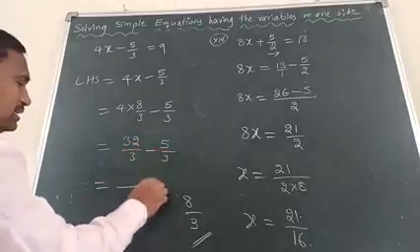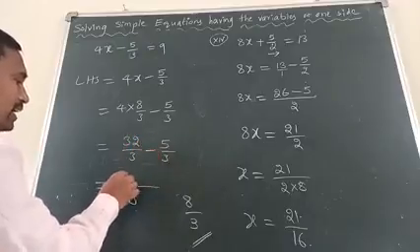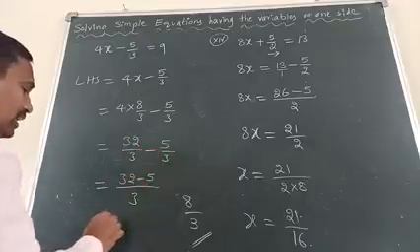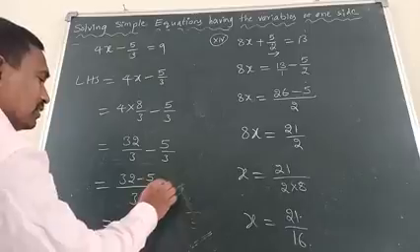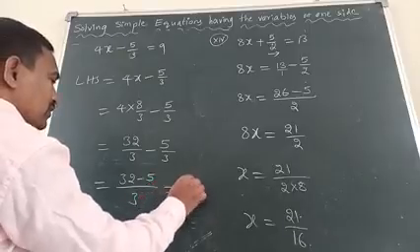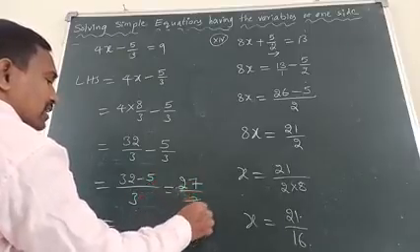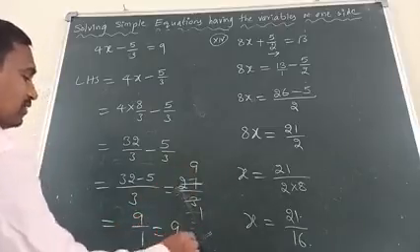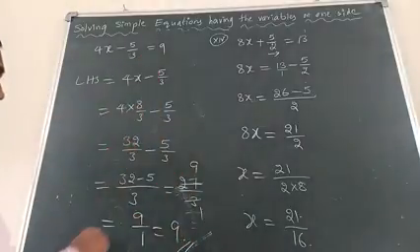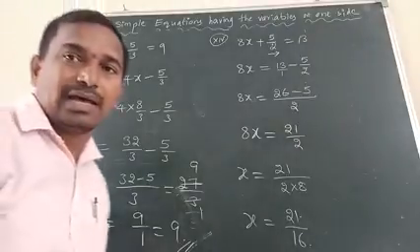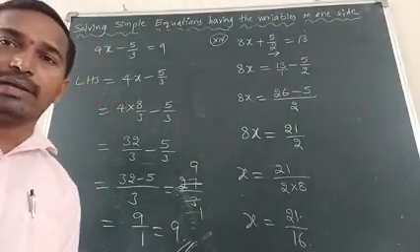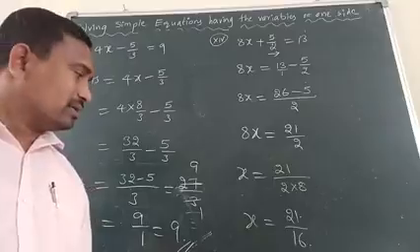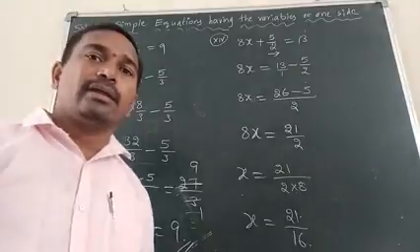With LCM 3, 32 minus 5 is 27 by 3. You can cancel: 3 1s are 3, 3 9s are 27. So 9 by 1 is 9. So we got this equal to RHS. LHS and RHS are equal. Like this you can verify whether the given answer is correct or not.